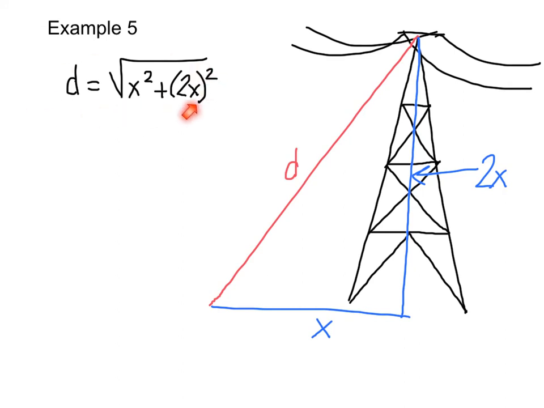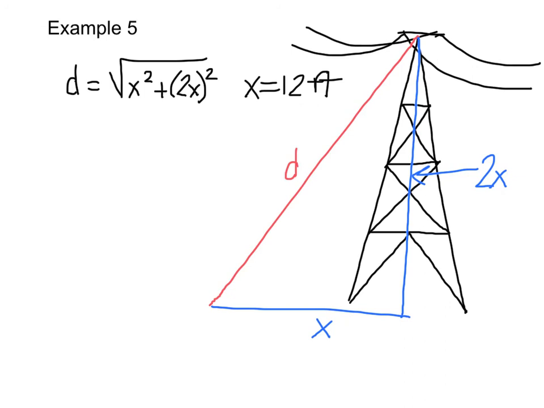The formula, D equals the square root of x squared plus 2x squared, gives the actual length D of each wire for the tower, which I show here. Find the length of the wire if we know x is 12 feet. So this is a formula that people in construction actually use.